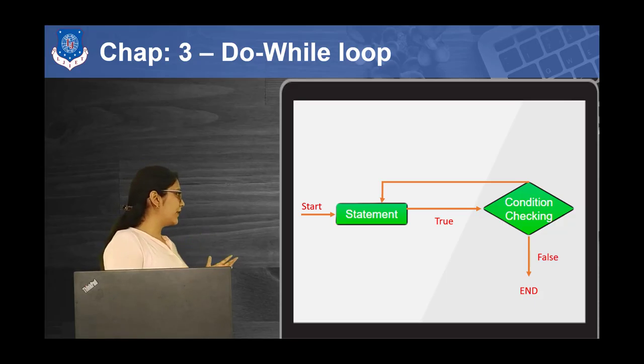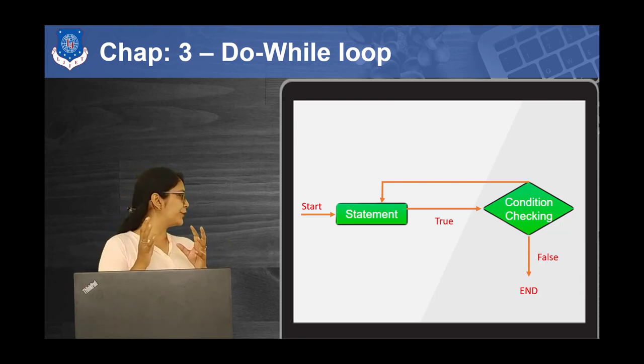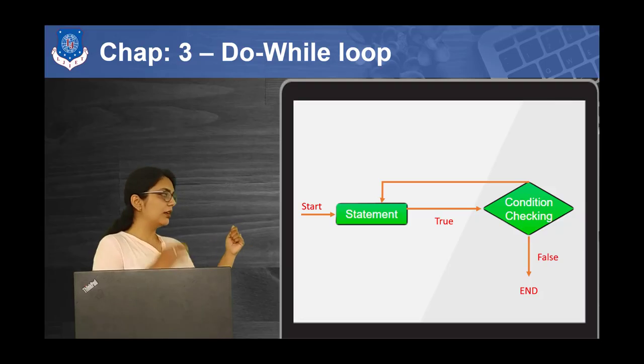Now, the next loop is the do while loop. The flow chart for the do while loop contains the same shapes as the while loop. Here also I am starting and then checking. One difference is that I am not directly checking the condition.